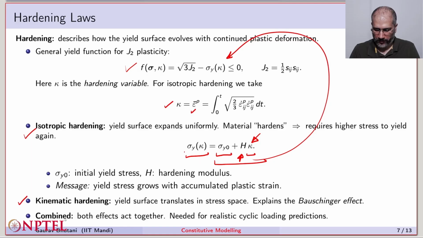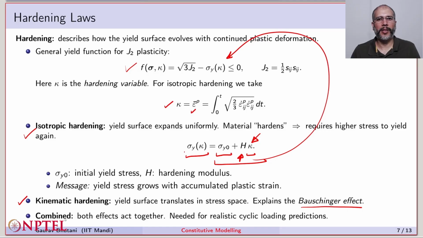Now we talked about the idea of kinematic hardening, that is anisotropic hardening. So let's explain something called Bauschinger effect, and this will help us understand the idea of anisotropic hardening. So let's say you take a metallic bar and stretch it so that it plastically deforms under tension. And what you notice is that when you unload it after it has plastically deformed, and now you apply compression on it instead of tension, then it yields much earlier in compression than it did in tension.